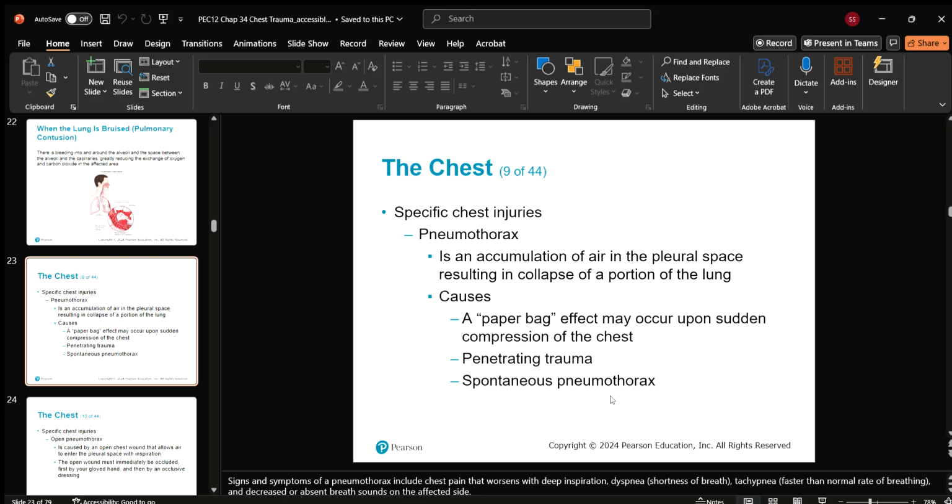So you may get test questions like, and you may see this on your national registry, you have a 22-year-old male that was playing basketball and reports to you that they've been having difficulty breathing for the last 15, 20 minutes. That's just been steadily getting worse. And as you observe the patient, they're a tall, lanky individual.